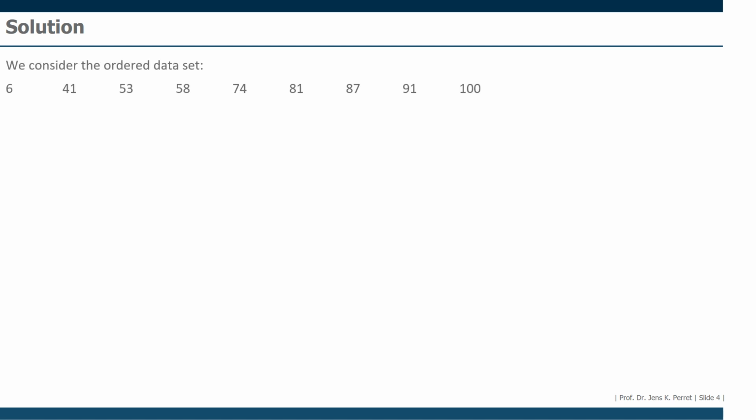For part B, I'm using the same ordered data set, and I'm going for the interquartile range. Again, thinking about the box plot, that's more or less the height of the box. So how do I get this? Here I'm going to use the first and third quartile, or in other words, the 25% percentile and the 75% percentile.